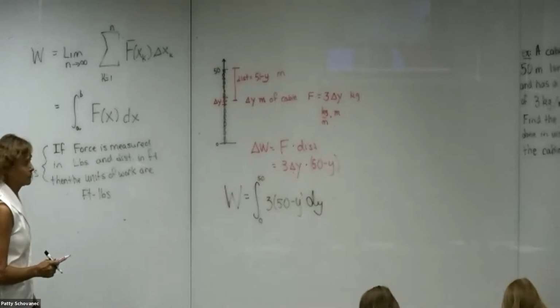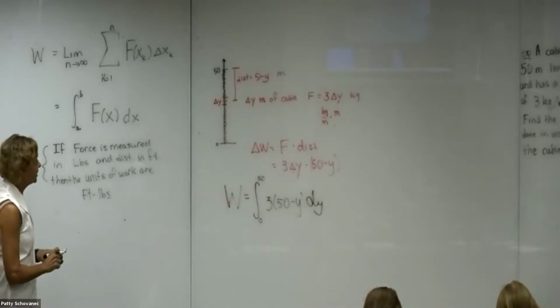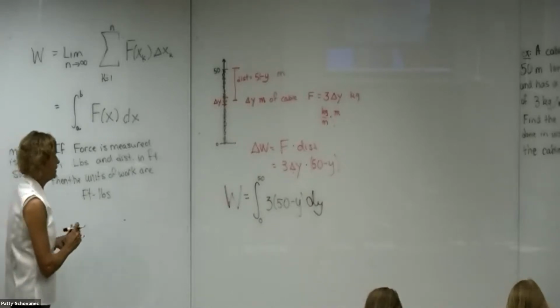And so that's kind of an easy integral to do. We just multiply that out and I get 150 minus 3y that I need to integrate.